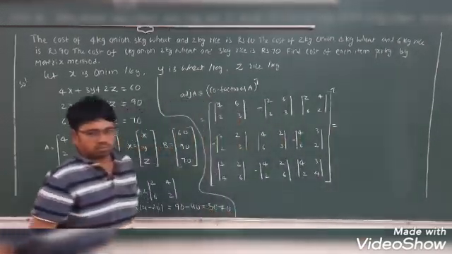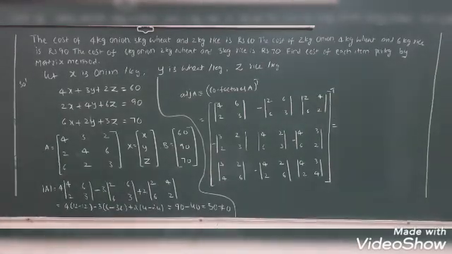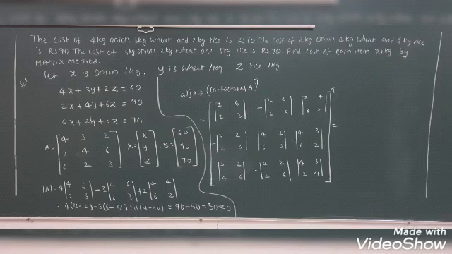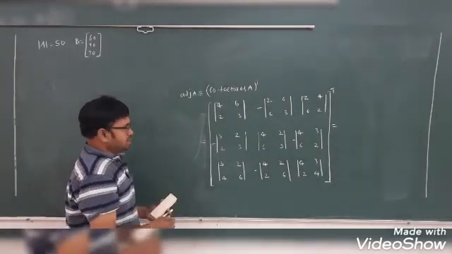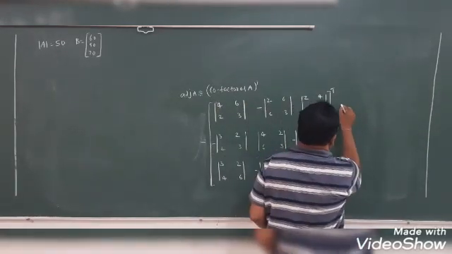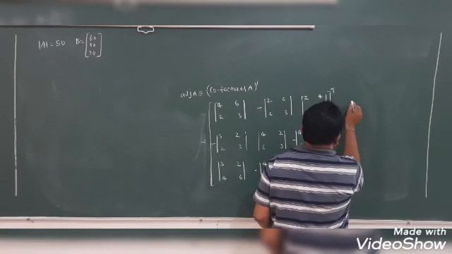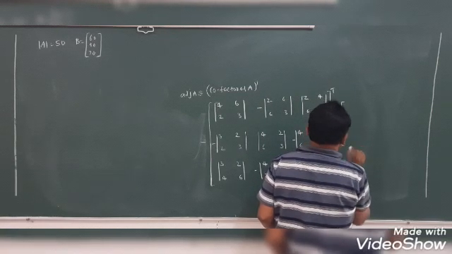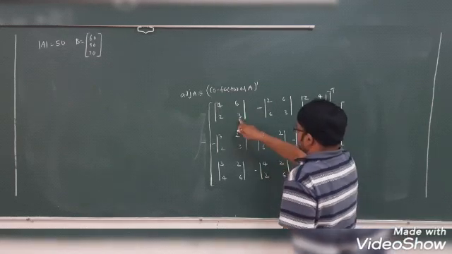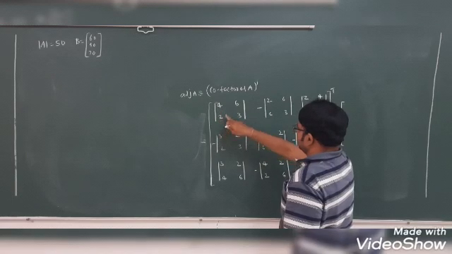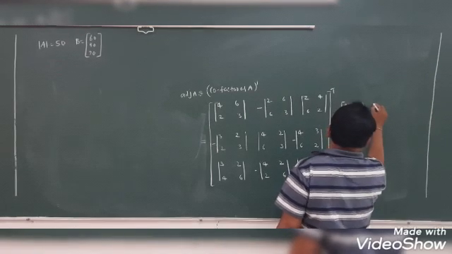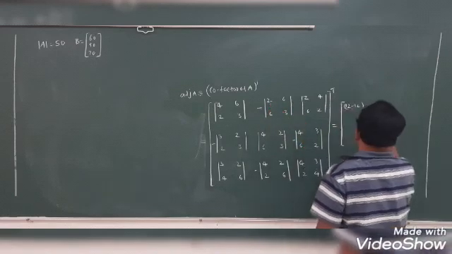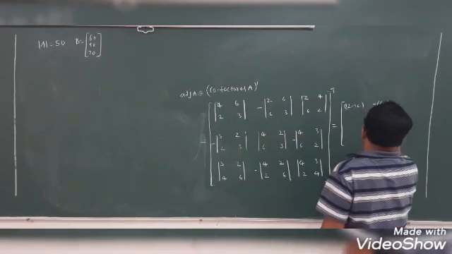Now see, to find this adjoint matrix, observe here: 3 4s are 12 minus 6 2s are 12, 12 minus 12; and minus of 3 2s are 6, minus 36.